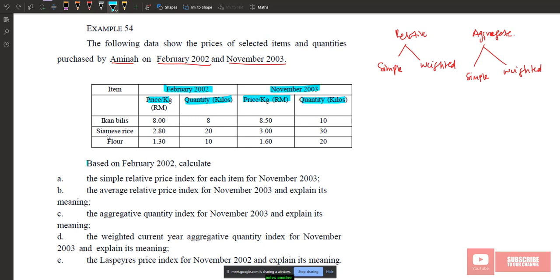It says here based on February 2002, which means that February 2002 is the base year and this is the current year. We have three commodities: ikan bilis, Siamese rice and flour. The first question is to calculate the simple relative price index for each item in November 2003.